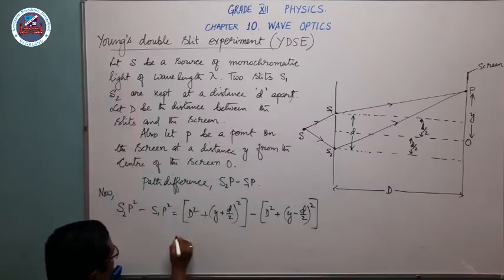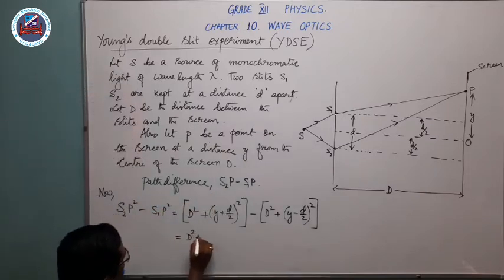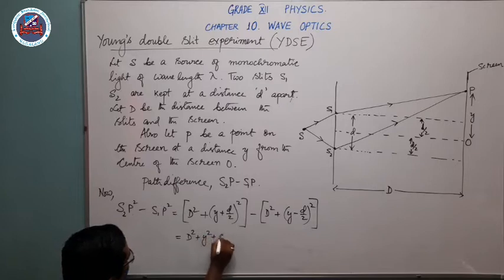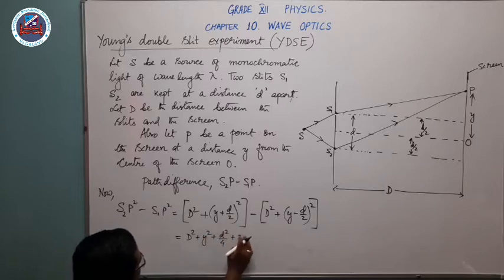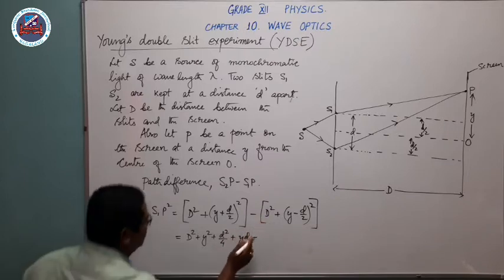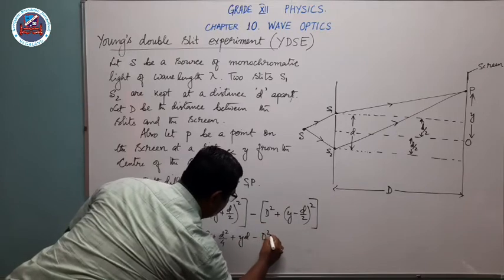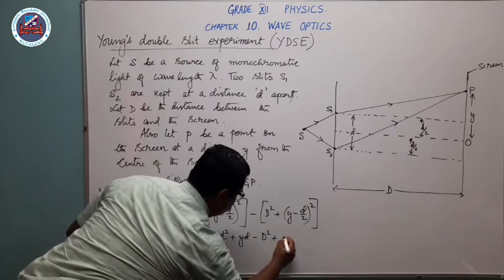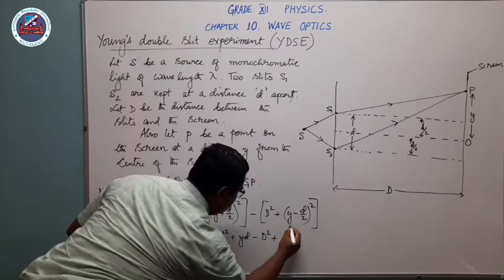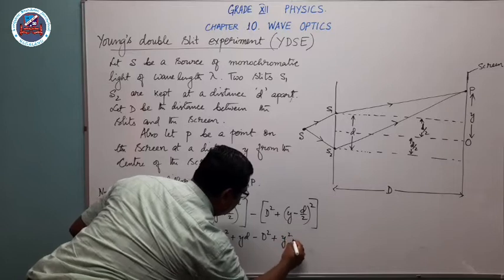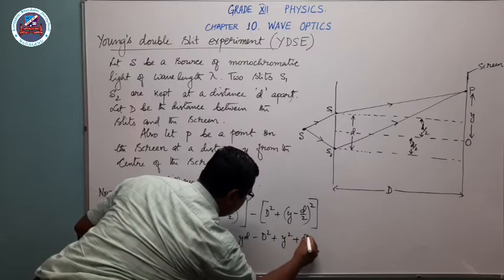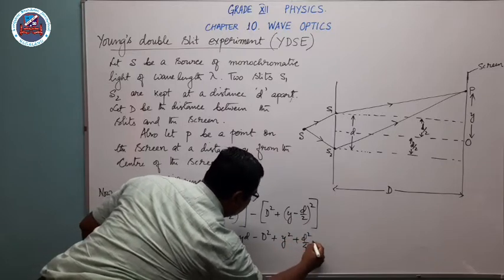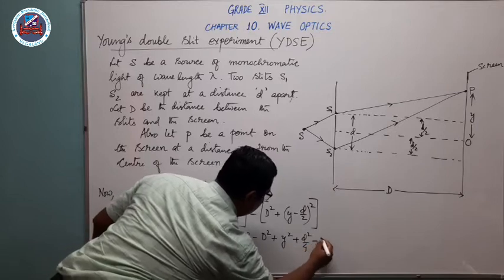This one if you open it, D square plus Y square plus D square by 4 plus 2YD by 2, that is plus 2YD. For the other, D square plus Y square plus D square by 4 minus 2YD.